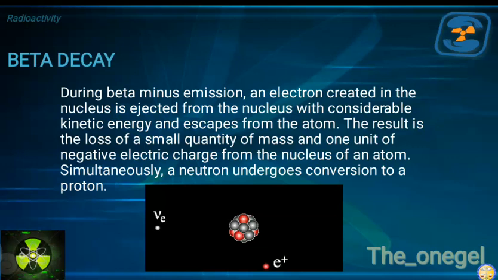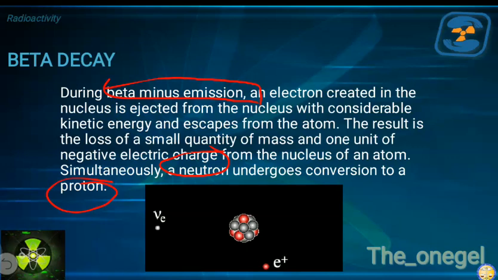The result is a loss of a small quantity of mass and 1 unit of negative electric charge from the nucleus of an atom. Simultaneously, a neutron undergoes conversion into a proton. Again, do not be confused here. We are talking about the beta minus emission, in which a neutron will now convert itself into a proton.